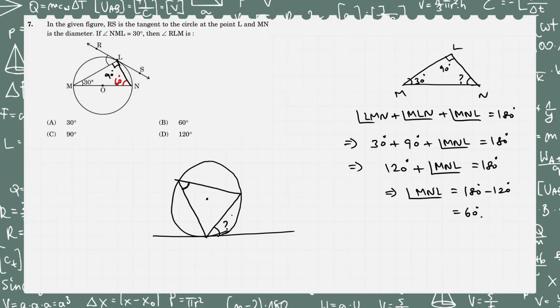And we know well that whatever this angle's value is will be the same as this angle, right? That is, the angles in the alternate segment are equal. So that is called the alternate segment theorem, right?